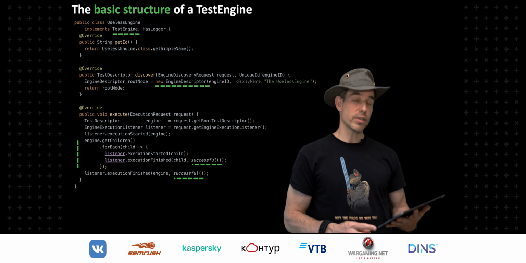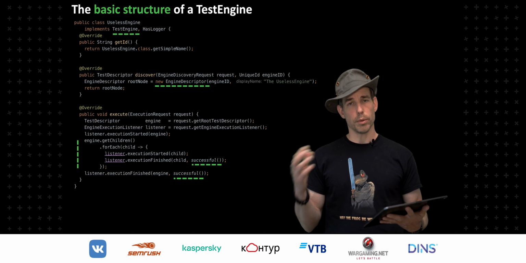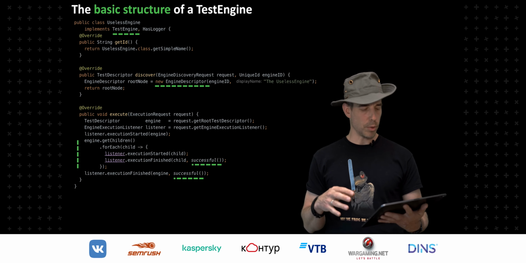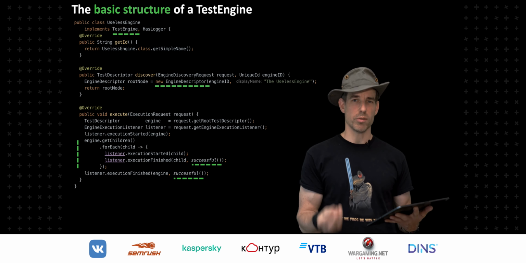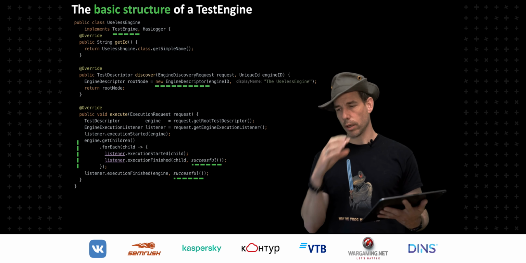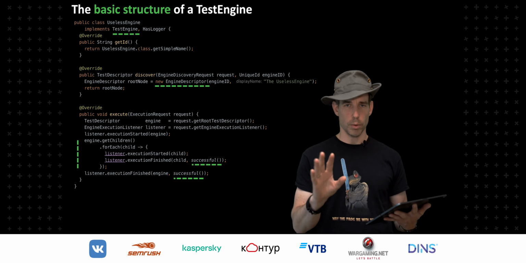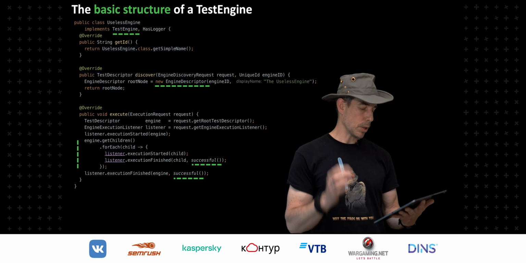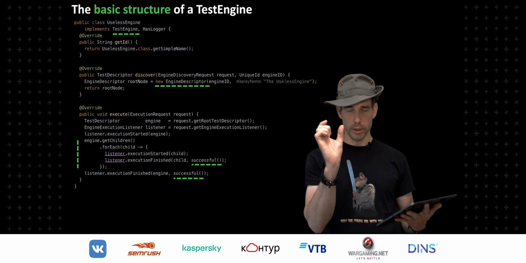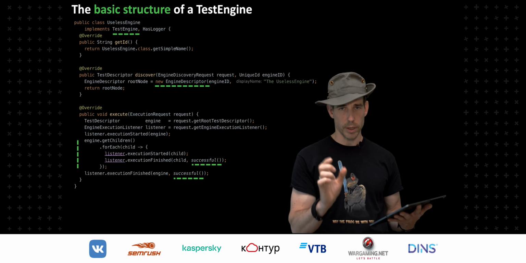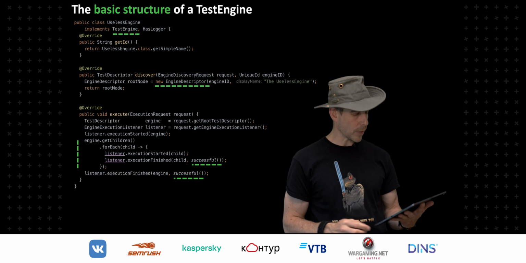The next one is a discovery method. The discovery method we will cover a little bit later. Here we are just creating one node because our test plan right now is just one node. There are no tests, no discovery. We will come back to this one later. But what we need is this engine descriptor. A descriptor is just one node in your test plan, or one kind of node in your tree.